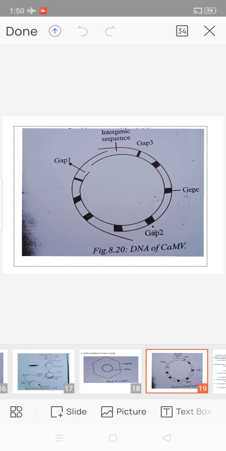And merits of CaMV: the naked DNA molecule is infective and it can enter the plant easily when it is rubbed on the leaf. Once inside the plant, it can invade the entire plant system.